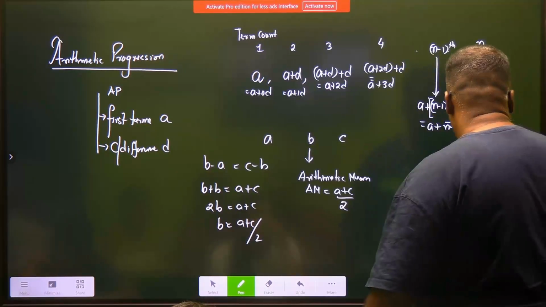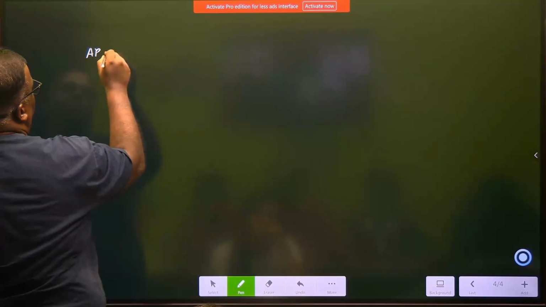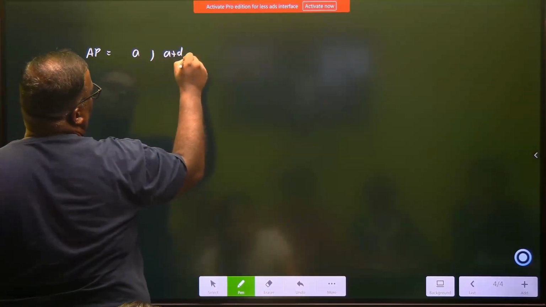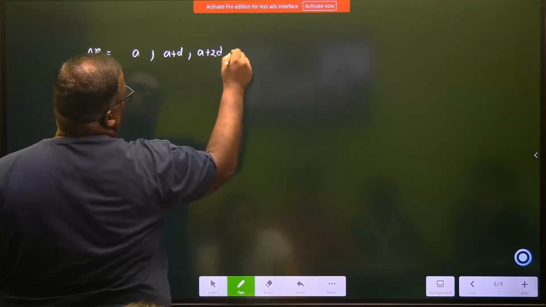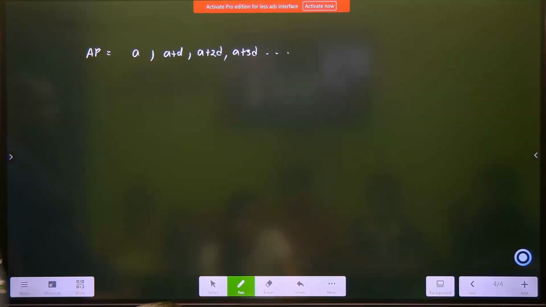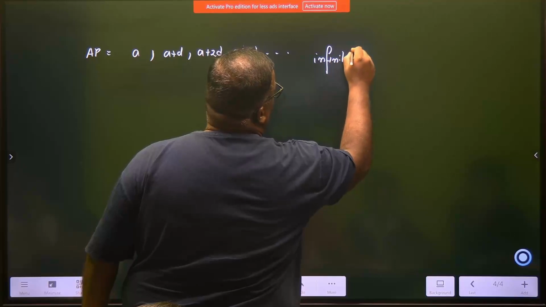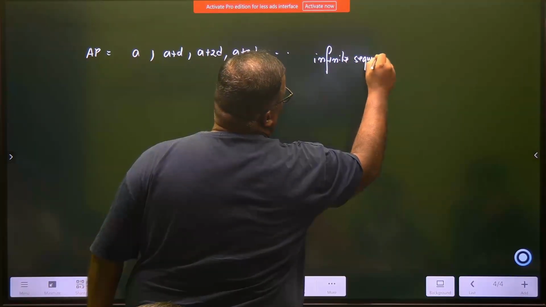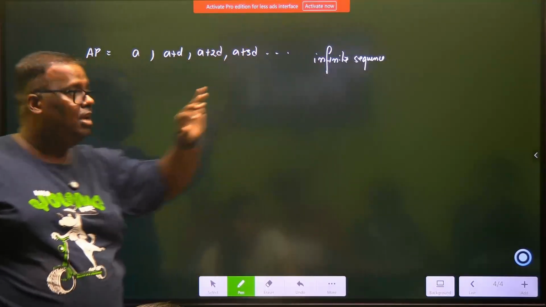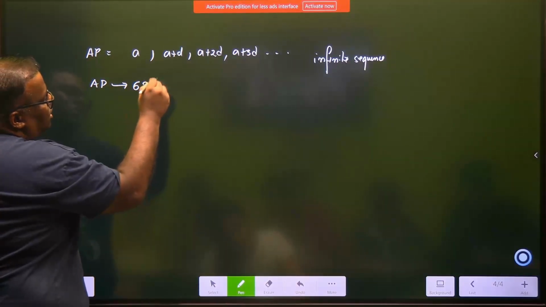Now, some more concept. My AP can be something like A, then A plus D, A plus 2D, A plus 3D, and so on. It goes on. Such an AP is called an infinite sequence or infinite progression. Understood? It does not end. And suppose I have an AP which has only 63 terms.